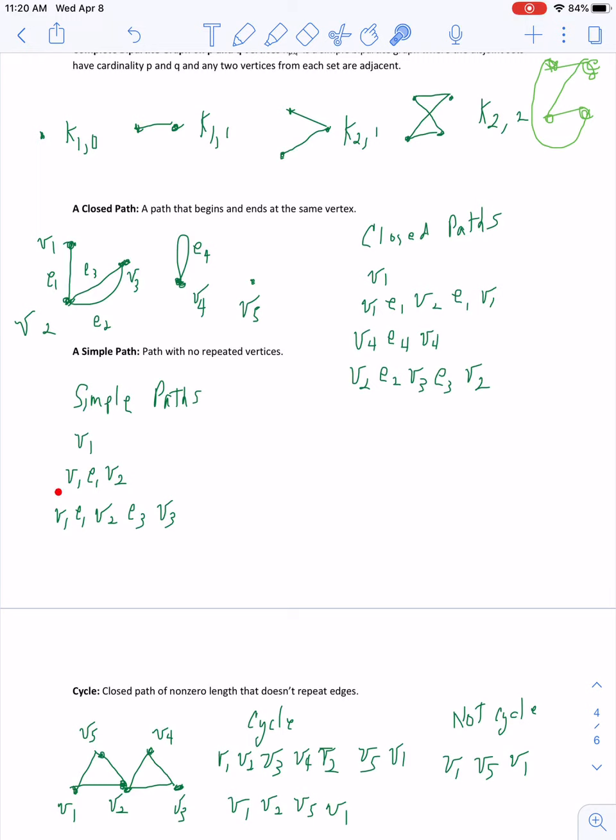Here's another simple path, V1 to E1 to V2. Here's another simple path, V1 to E1 to V2 to E3 to V3. So I go V1, E1, that puts me at V2, then I go E3, and that puts me at V3. Notice I do not repeat any vertex. So that's what a simple path means.